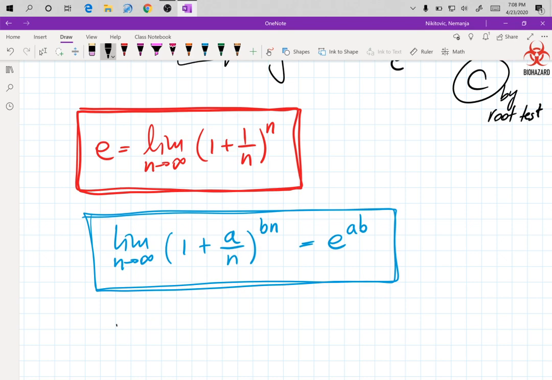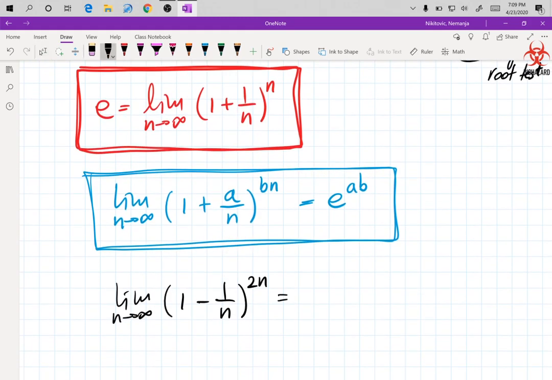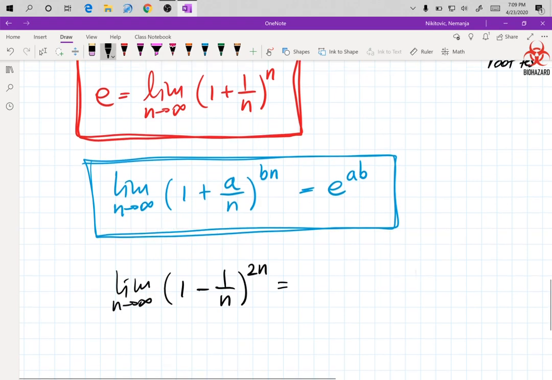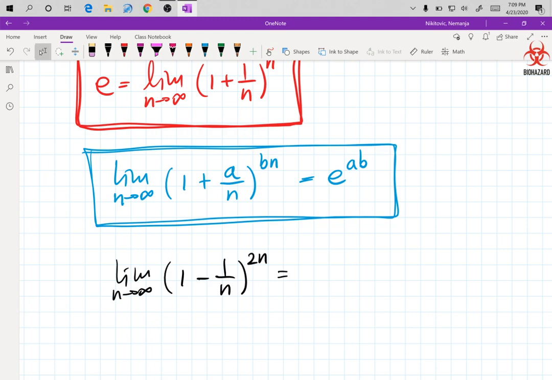What did I have? I had limit n goes to infinity, 1 minus 1 over n to the 2n. Can you compare the blue and the black? There I say clearly a is negative 1 and b is 2.